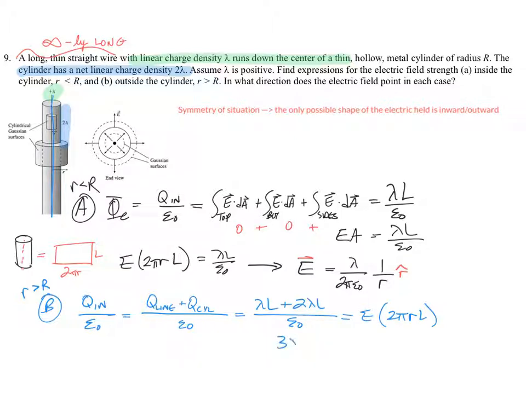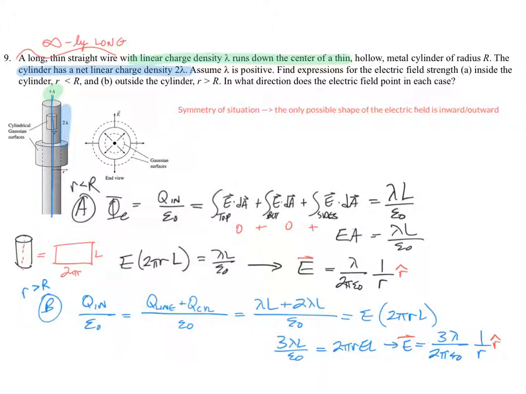So I'm going to get a 3 lambda L per epsilon naught equals 2 pi R EL, which means my electric field will simply be a 3 lambda per 2 pi epsilon naught times the 1 over R. And again, as a vector, it would simply have that direction for it.